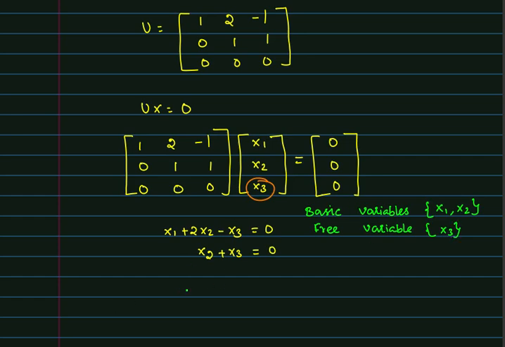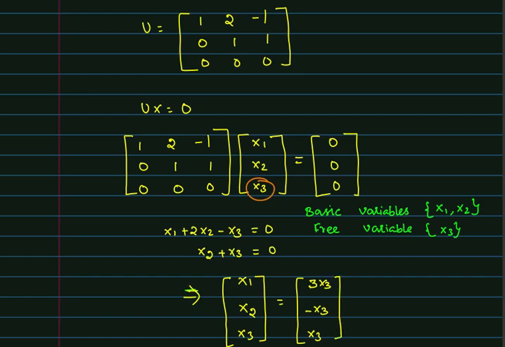So you can represent x1, x2, x3 as: x3 is the same, x3 only, correct? x2 is minus x3, and x1 is 2 times minus x3, minus x3, so minus 3x3 will come.